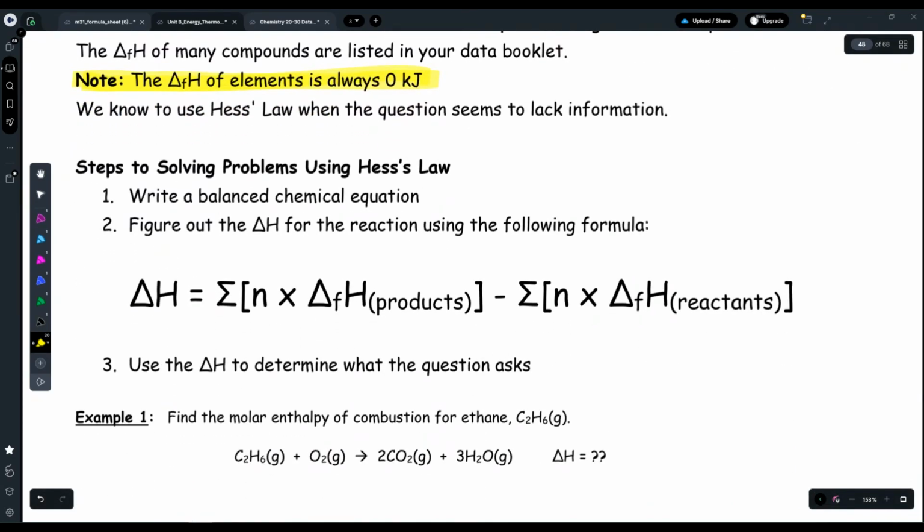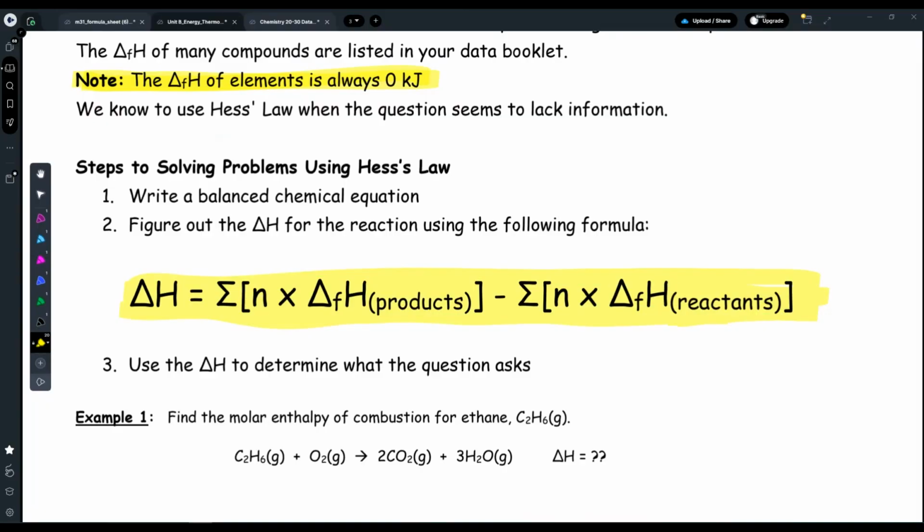So the steps to solving a problem using the formula version of Hess's law: step 1, you're going to need a balanced chemical equation. Step 2, you're going to need to figure out the change in enthalpy for the reaction using this formula. It looks a little bit more scary than it actually is.